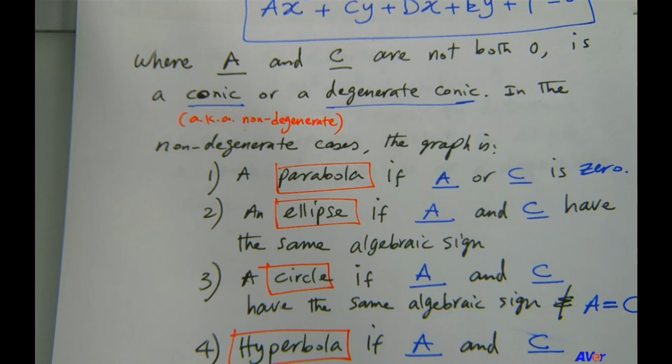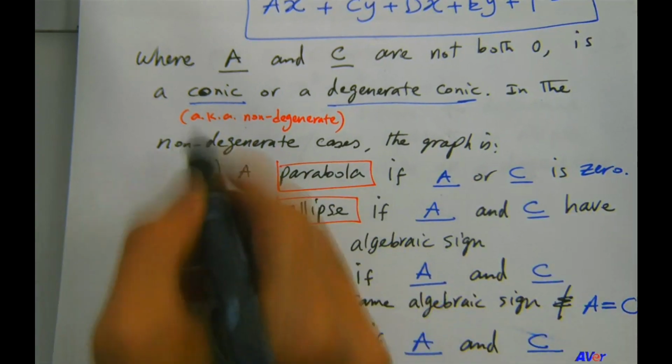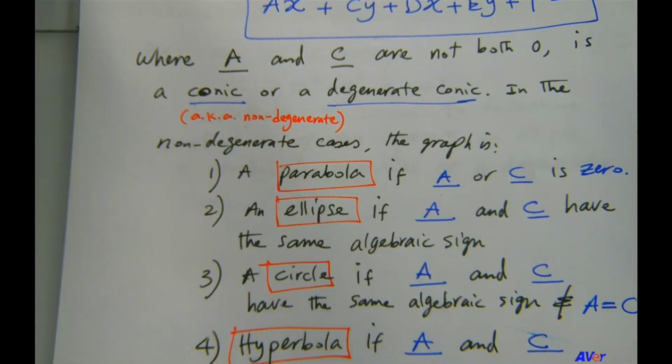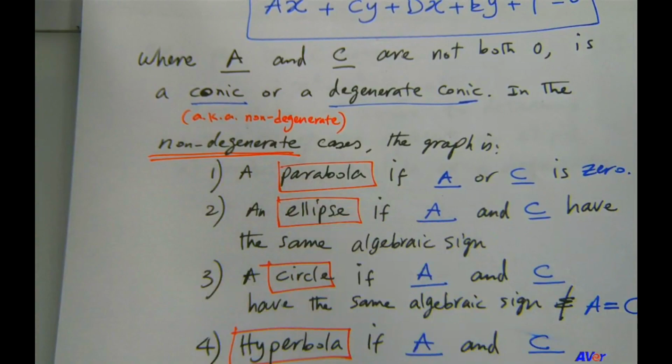If you look at the equation of the parabola, whether when the vertex was at the origin or away from the origin, there is only one square term, right? The other one is gone. So if A or C is 0, then for the non-degenerate case, of course, we have a parabola.